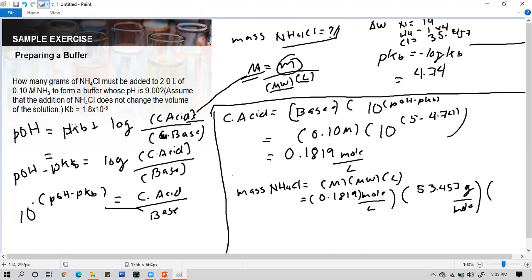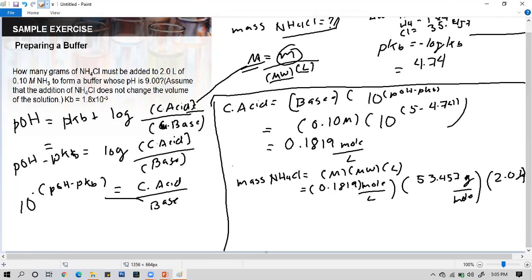Okay, that is also written there, which is 2.0 liters. Now, in direct computation, liters cancel, moles and moles cancel, and grams remain. So, the mass of ammonium chloride required to prepare a buffer is 0.1819 times 53.457 times 2.0 liters. What you need is 19.447 grams of ammonium chloride to prepare a buffer with ammonia whose pH is 9.